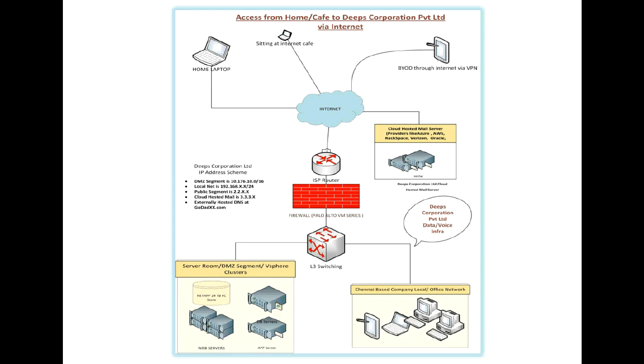While looking at the left middle of the architecture diagram, we are able to see different addressing schemes. Different zones have been assigned different IP address segments. The DMZ segment has 10.176.10.0/16, and the local segment is 192.168.x.x.